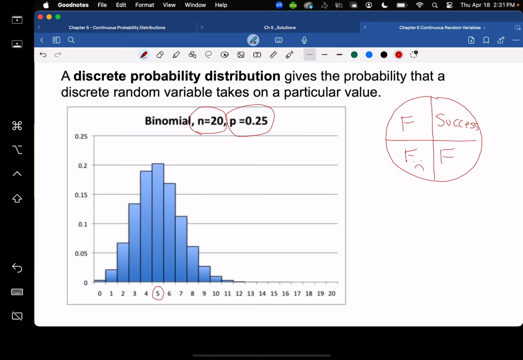And so if you spin this spinner 20 times, X would be the number of times you land on success out of 20 spins. So the most likely outcome is that you end up landing on success 5 times, which makes sense because it's 25% of 20.